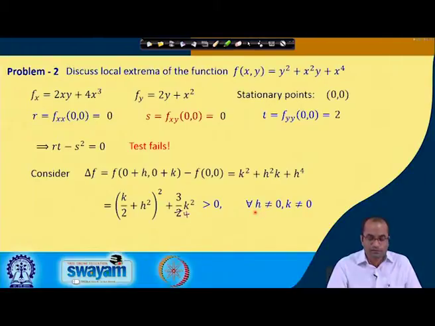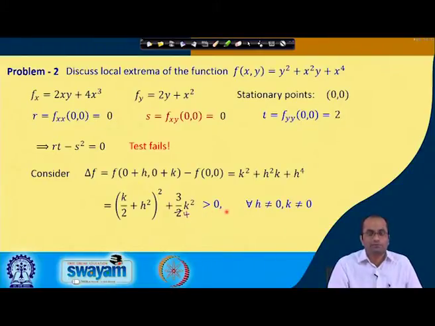For as long as h and k are not both zero, whether they are negative or positive does not matter. Either h is non-zero or k is non-zero or both, this term will remain positive. What does that mean? In the neighborhood, whatever point we take and however small the neighborhood is, delta f is positive.